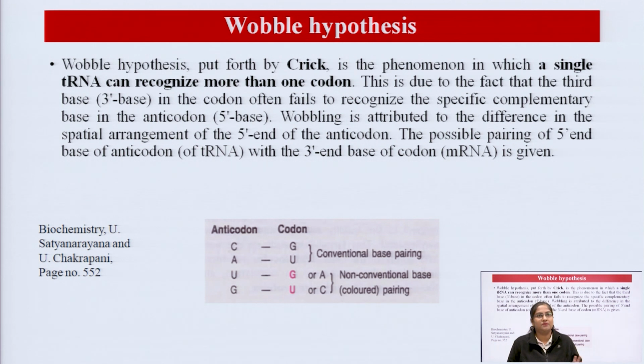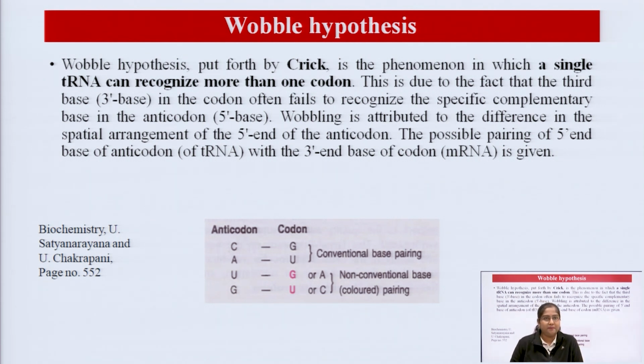This is a normal thing, that a single tRNA can recognize more than one codon, because of the fact that the third base, the 3' base in the codon, often fails to recognize the specific complementary base in the anticodon 5' base. Wobbling is attributed to the difference in the spatial arrangement at the 5' end of the anticodon.